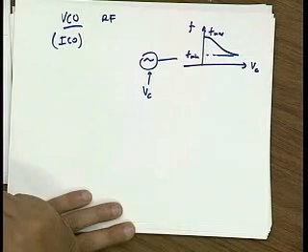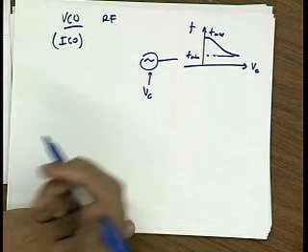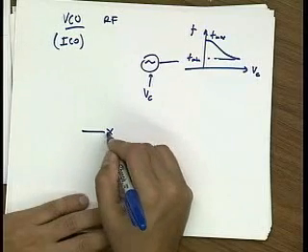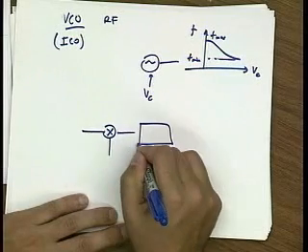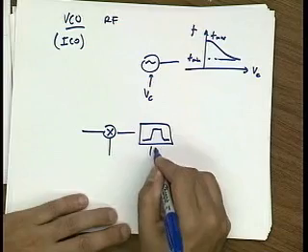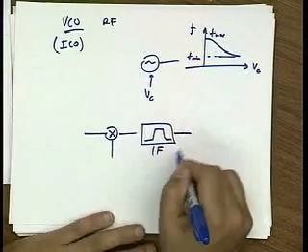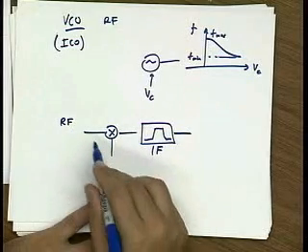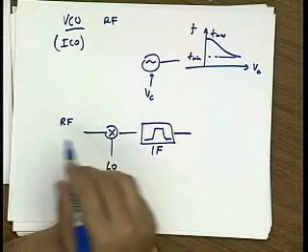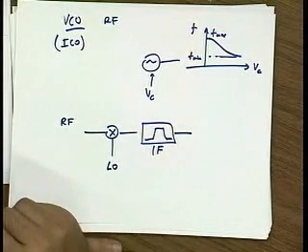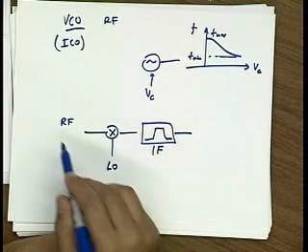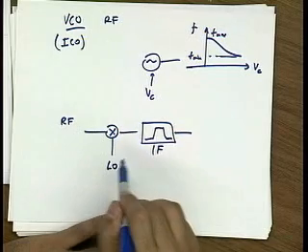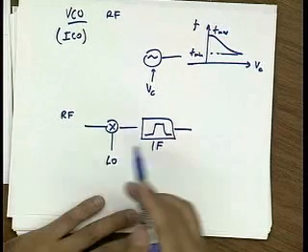The reason I need a VCO is that if I'm building a receiver, let's say a very simple receiver, I want to use a fixed IF frequency to do some filtering. That means my LO should be RF plus or minus IF. And if my RF frequency changes, if I have multiple channels, then my LO frequency should also change to select the right channel.